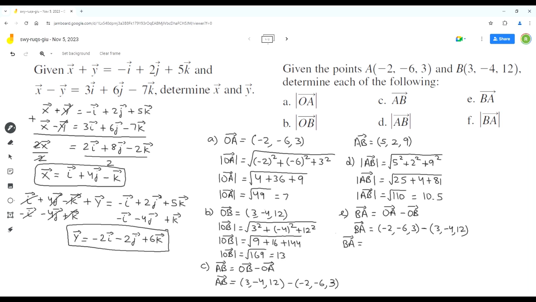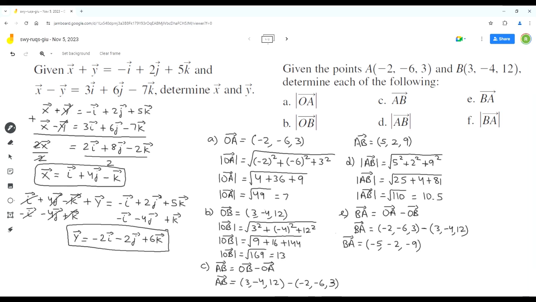Now we can subtract these vectors. So we have to subtract their x, y, and z components. The negative 2 minus 3 is negative 5 for the x component. Negative 6 minus negative 4 is equal to negative 2. And 3 minus 12 is equal to negative 9.